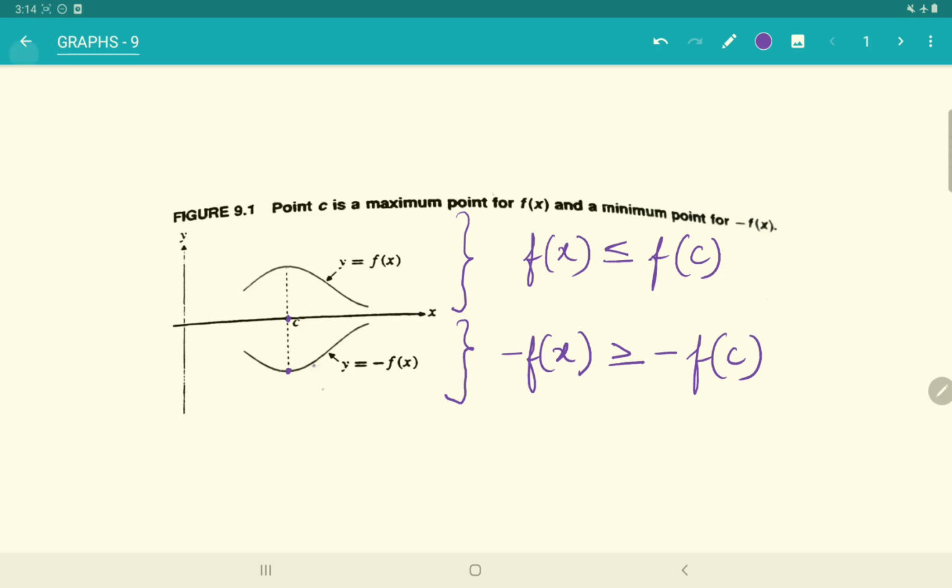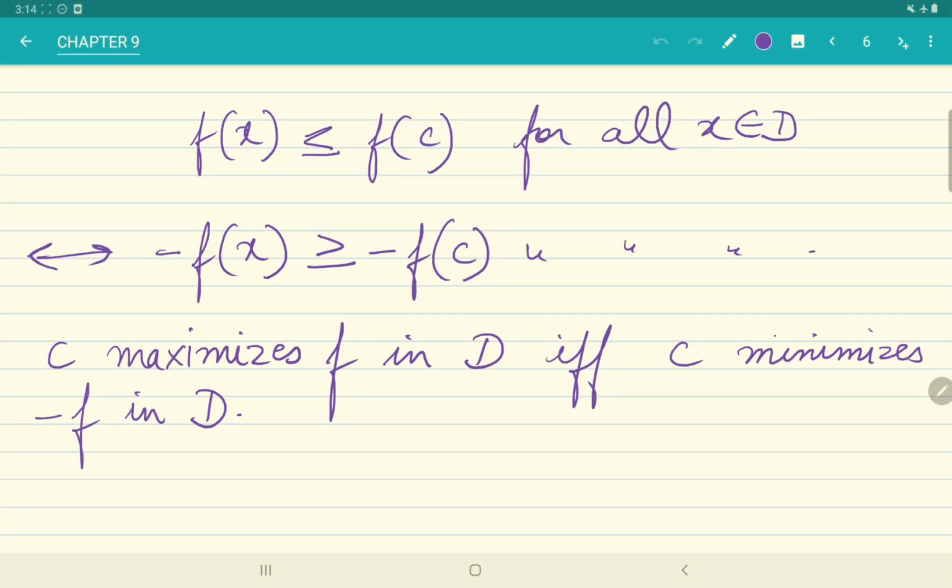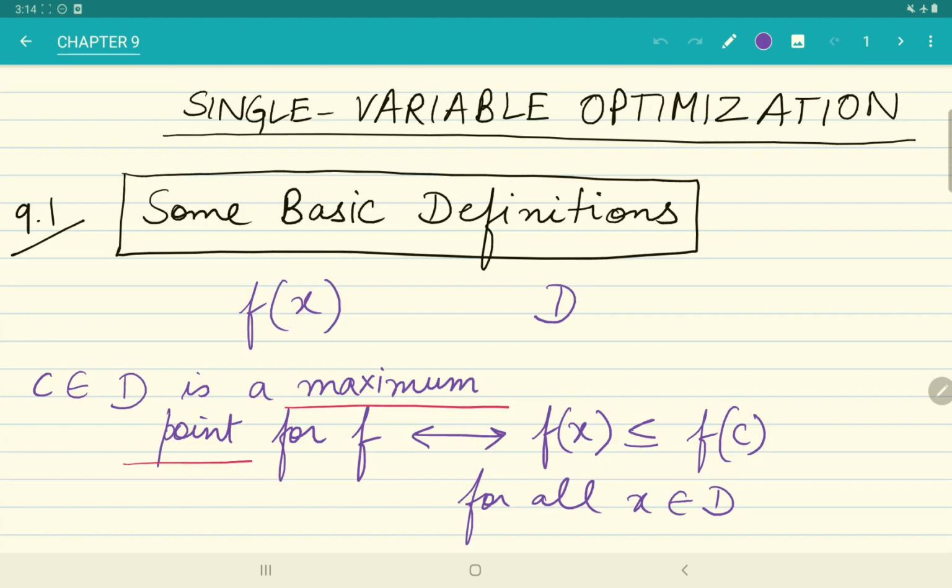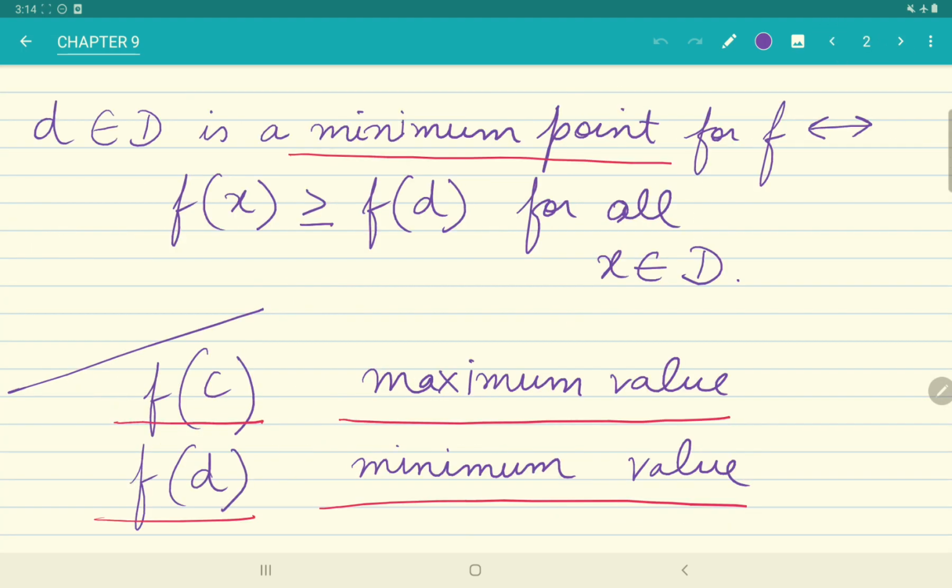Alright, now I can take up this point. Here we are going to determine the possible maximum and minimum points of a function. So if I'm concerned about c and little d, basically we are concerned about how to determine the maximum point or the minimum point of a function.